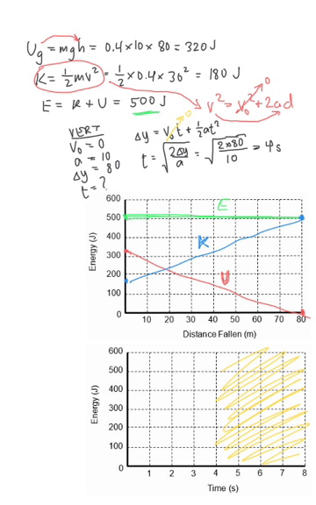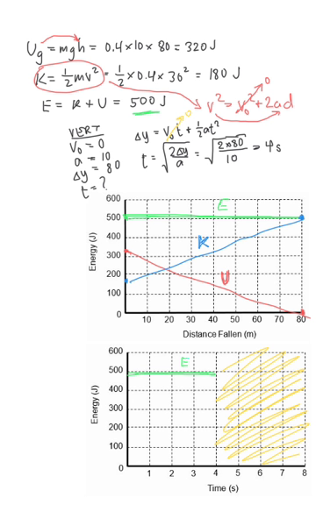So, first part's easy. For the total energy, because that's exactly the same as before, we know the total energy to start with was 500 joules, and the total energy when it lands after 4 seconds is also 500 joules, so that part of the graph stays the same.